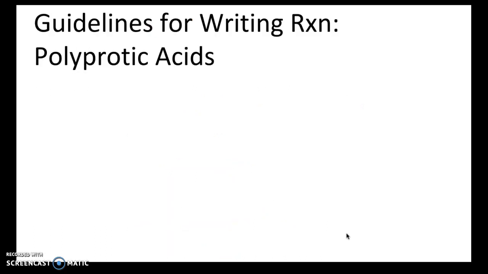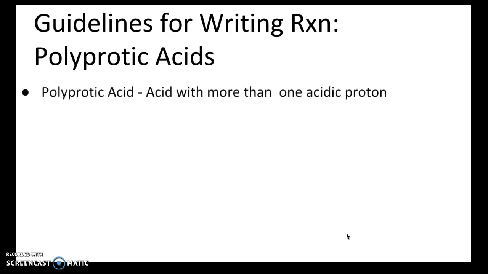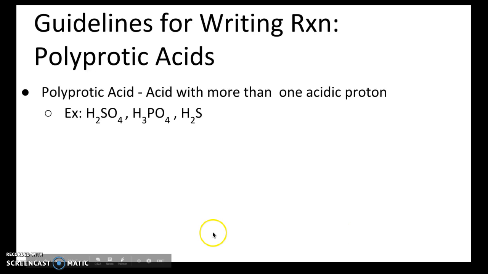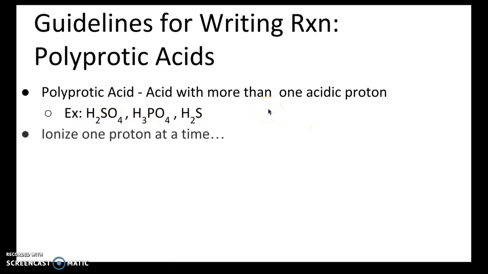So what we're now looking at is guidelines for writing reactions for polyprotic acids. A polyprotic acid is an acid with more than one acidic proton, and H2SO4 is one example; H3PO4 and H2S are some other examples. You can see they all have more than one acidic proton. So the key is to ionize one proton at a time.